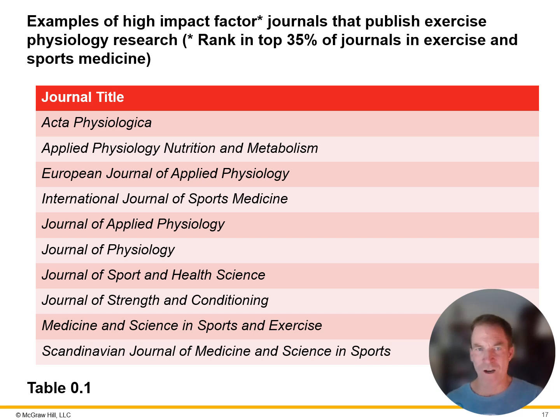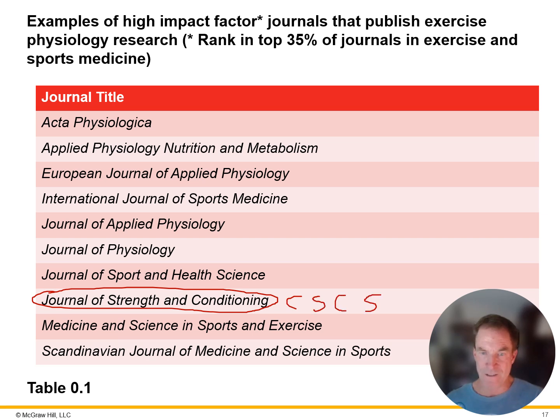Okay, and there's more on those various journals. We don't have to know them. The Journal of Strength and Conditioning Research I used to get a lot because I was a CSCS, which stood for Certified Strength and Conditioning Specialist from the National Strength and Conditioning Association.